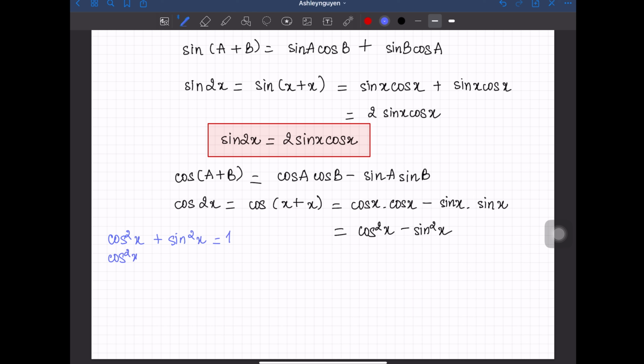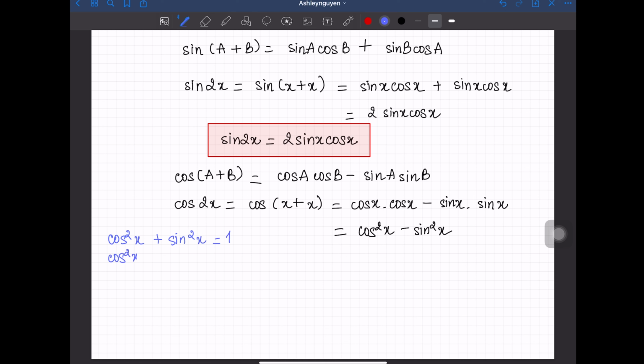And keep doing with that. Cosine square x plus sine square x equal 1. Meanwhile, sine square x equal 1 minus cosine square x. And I will replace sine square x over here by 1 minus cosine square x.